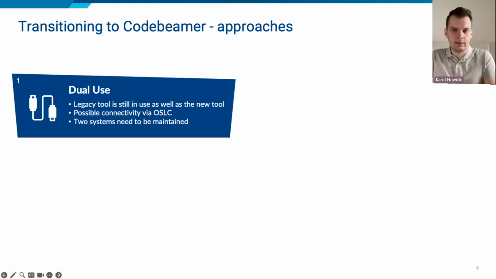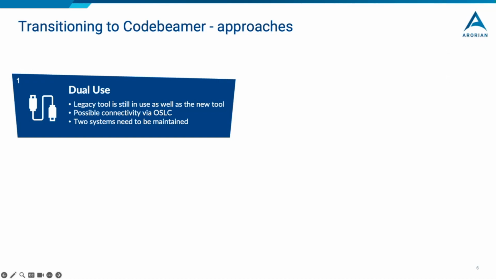And in that case, historical data is available only on old system. To keep connectivity, we can link objects using, for example, OSLC, or synchronize the data. Of course, the disadvantage of that approach is a cost of licenses and cost of maintenance of two systems.